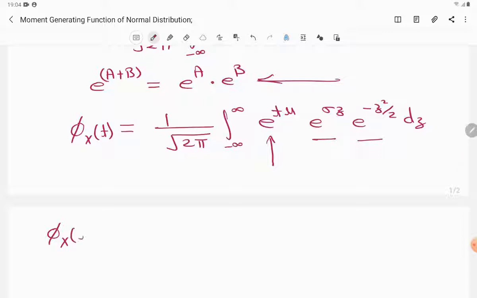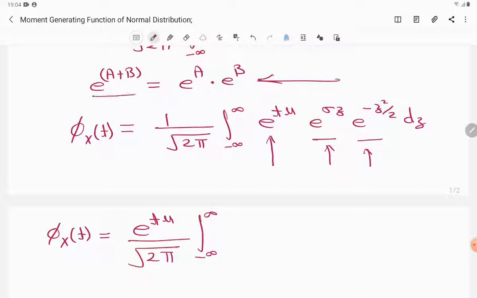So I will have phi x(t), and that will be e power t mu divided by root 2 pi over here, and then the integration. Again you can see this is like e power a, and this is like e power b, so I can combine both of them and write e power a plus b. That's what I am doing over here.